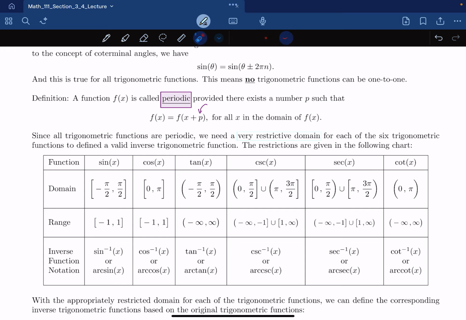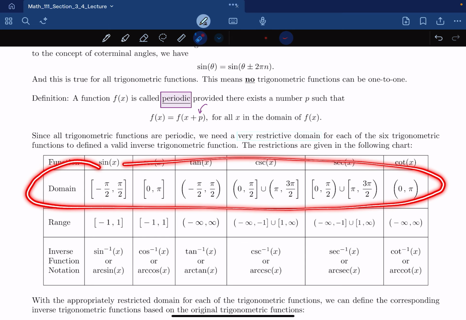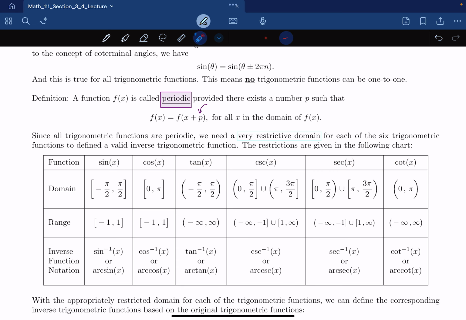That is where all of these are coming from. Now, the choice of these is essentially just a choice. All we need to do is pick an interval.